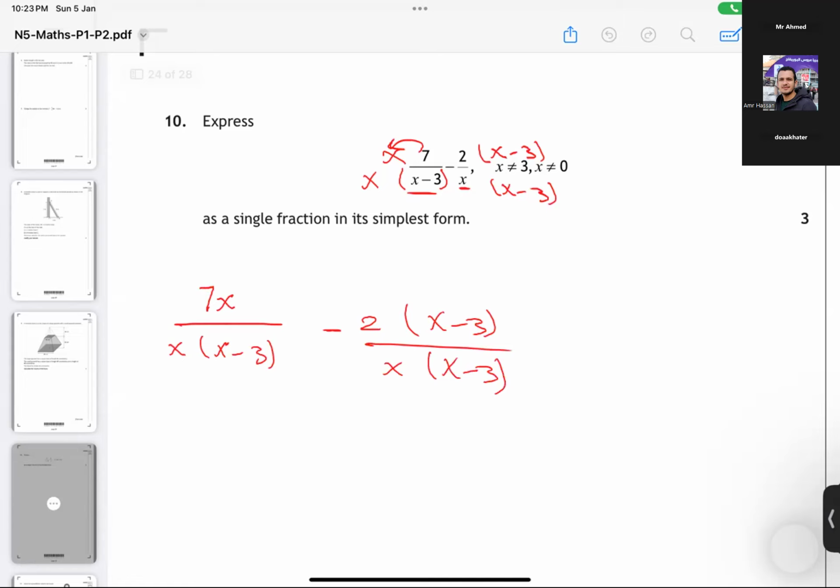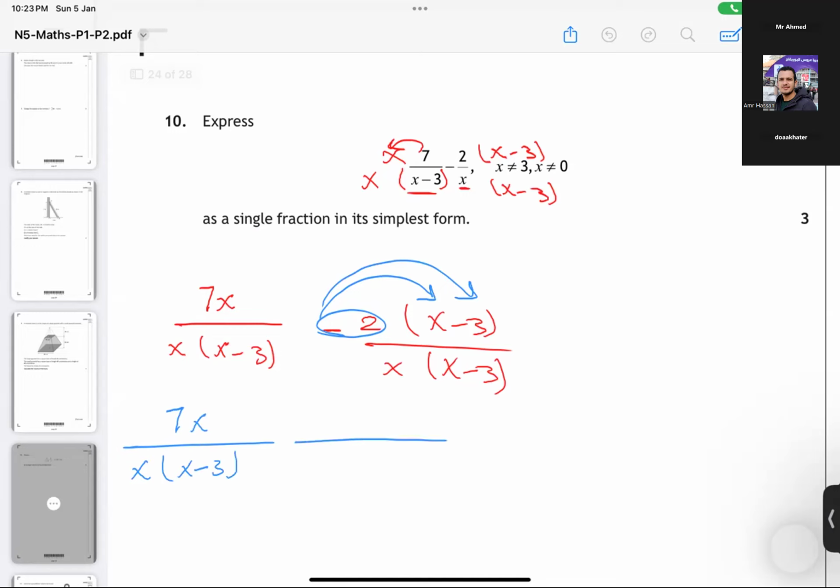And then this one sounds a little bit tricky. I need you to pay attention. This one is negative 2, so we need to distribute it. I could write it as 7x divided by x multiplied with x minus 3.